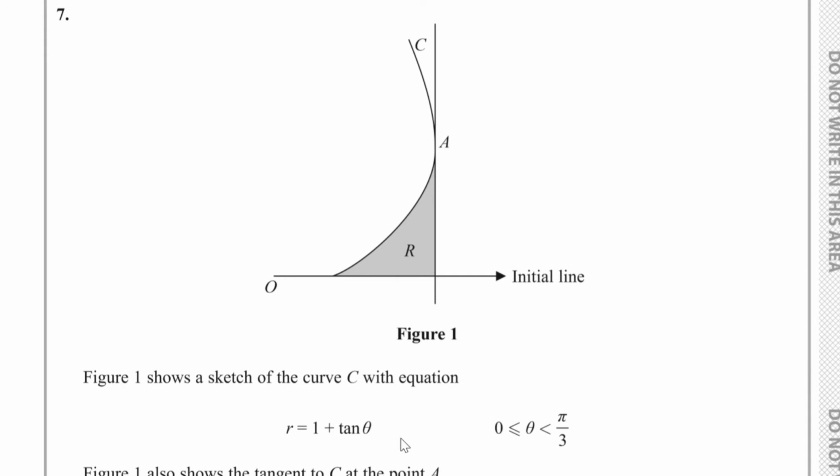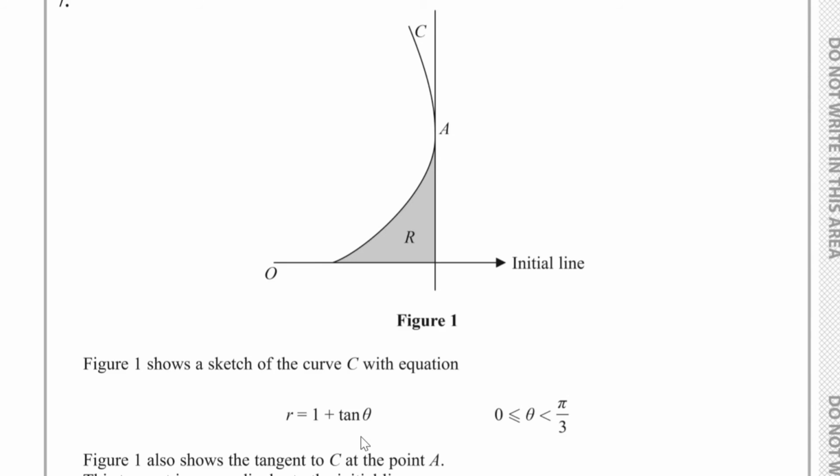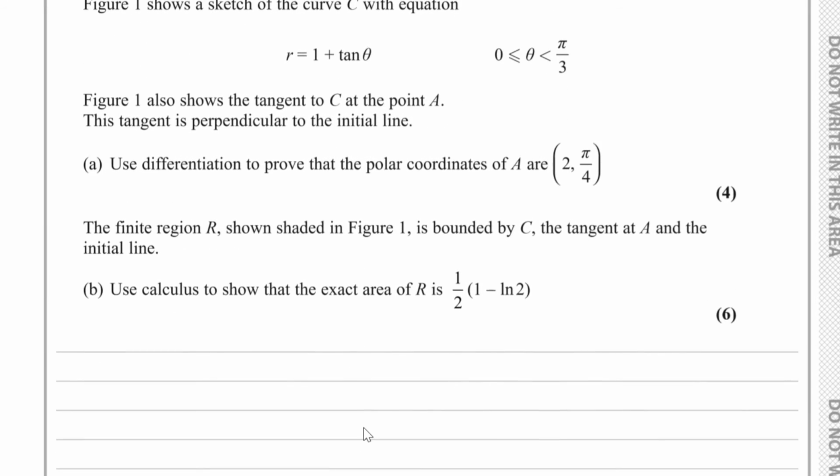Well, we've got this polar equation, r equals 1 plus tan theta. And so, for part A, at the point A, dx over d theta will equal 0 because it's parallel to the initial line.